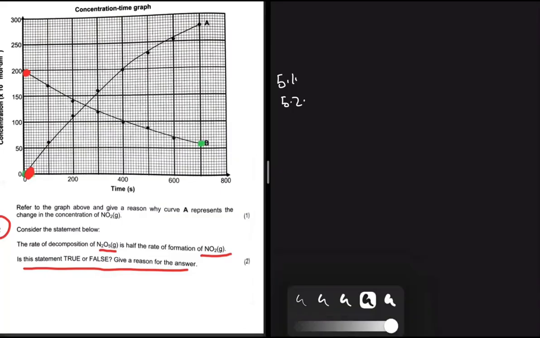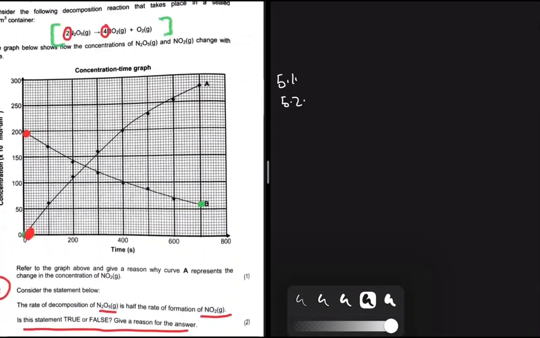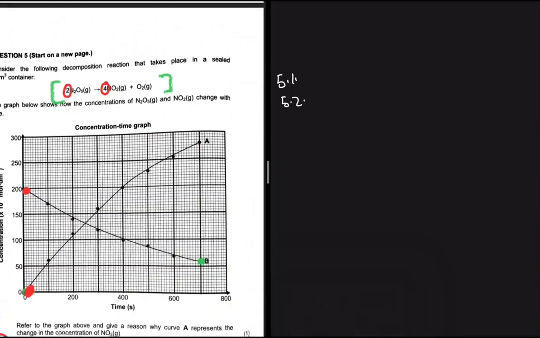What I was telling you earlier was that we can actually say that, let's look at our equation. We need to be basing everything on our equation, right? Let me just copy it down real quick. So we have 2 N2O5 decomposing to give us 4 NO2 plus O2.